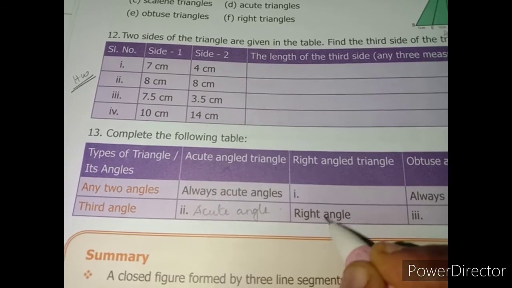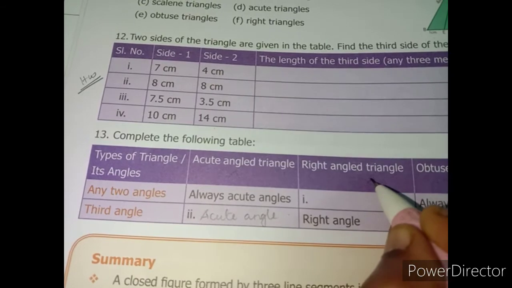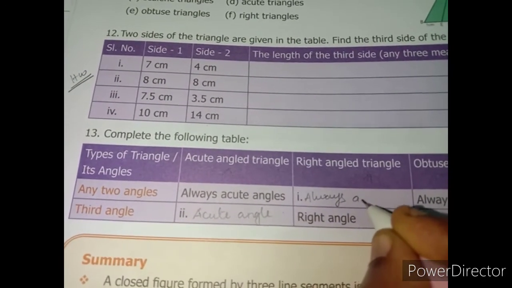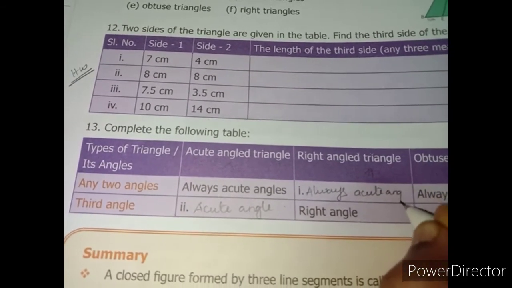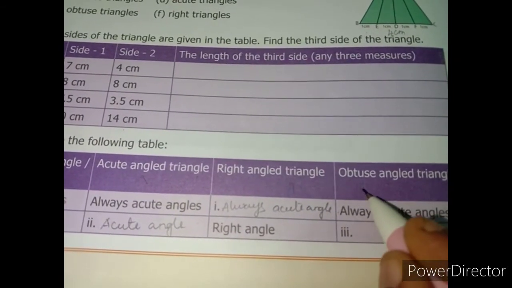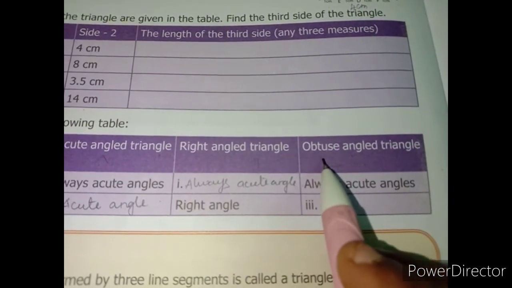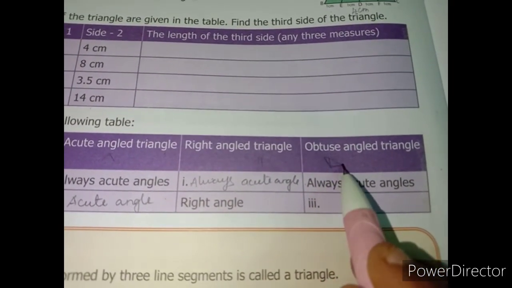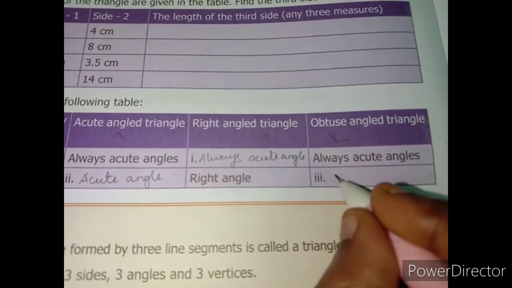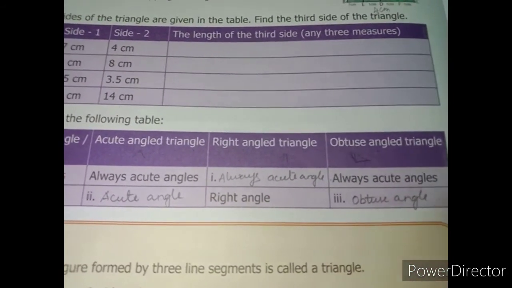The third angle will be a right angle. So if it is a right angle triangle, the other two will always be acute angles. Okay. In an obtuse angled triangle, these two are always acute angles. So what will be the other one? It will be obtuse, more than 90 degrees. So it is an obtuse angle.